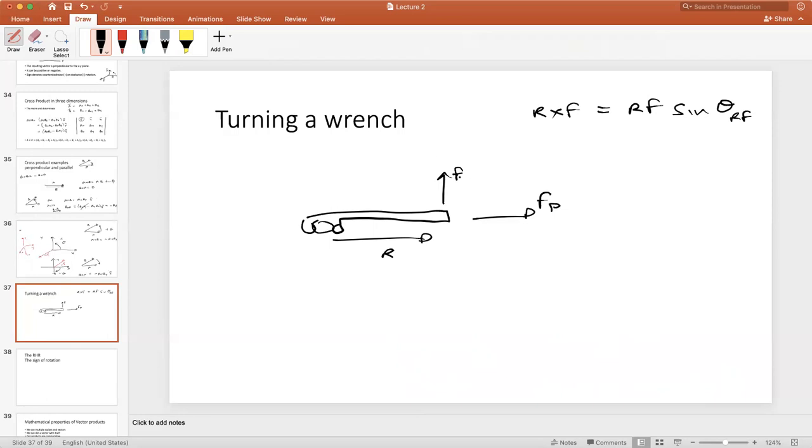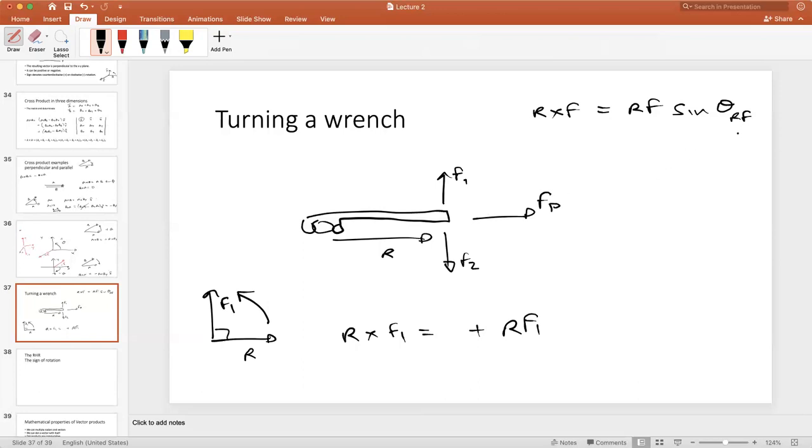I'm trying to turn a bolt. If I push up, and this is my force 1, and my force 2 will be force 2. If I pull up, R and F1, R cross F1 is, let's look at it, R and F1. I put them tail to tail, and I rotate R to F. I get positive R F1 because the angle between them is 90 degrees.